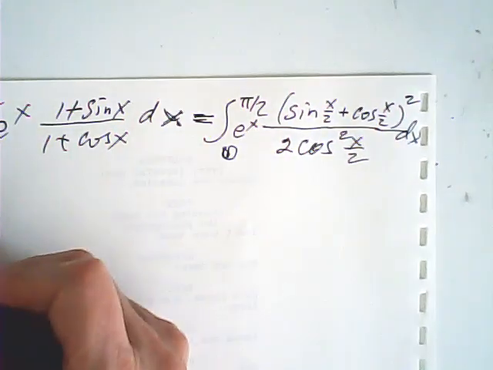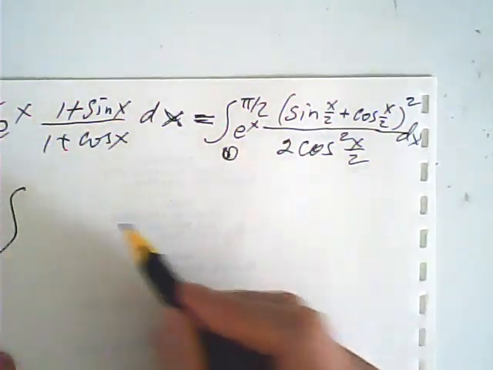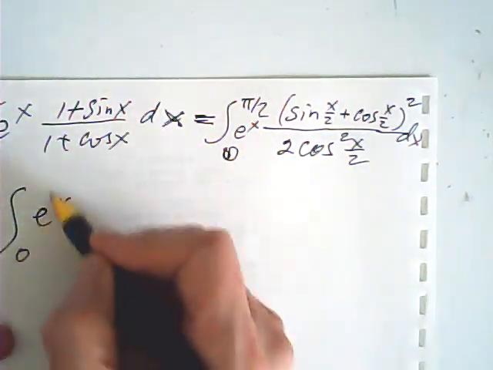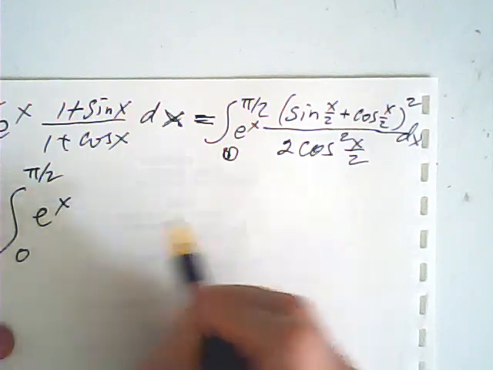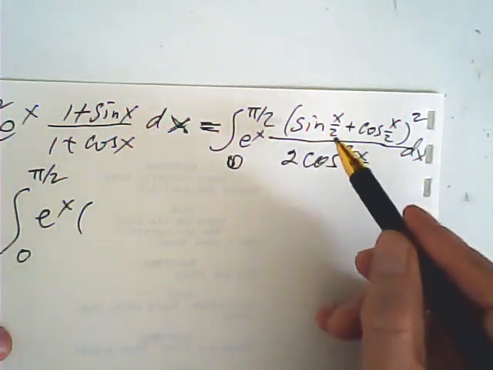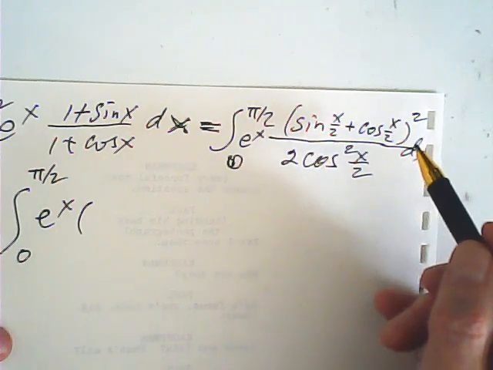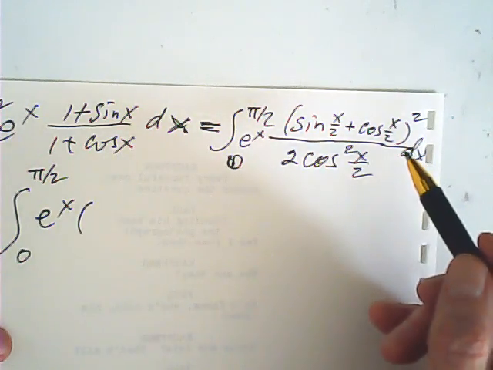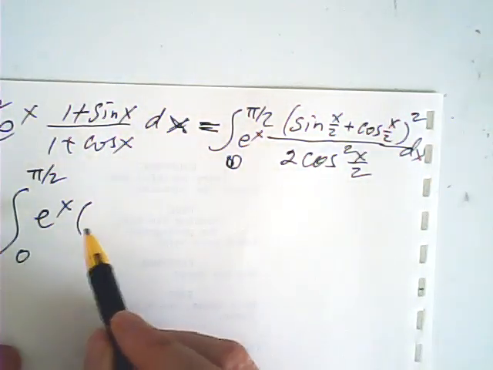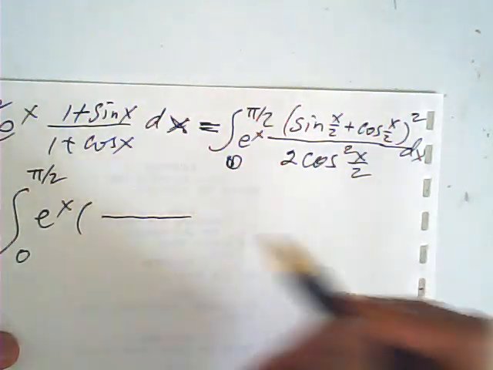Then I take 1/2 out and e^x. This time I don't forget this. And this will be, okay, I don't jump.